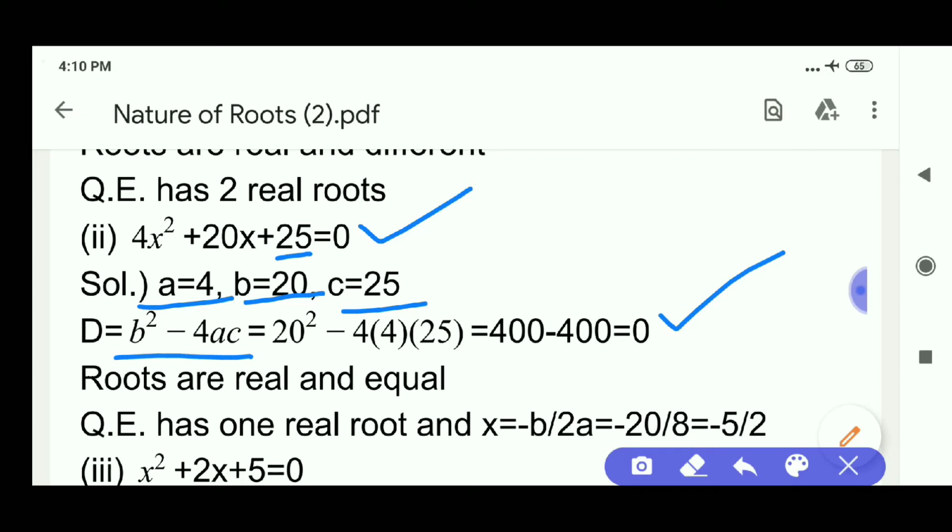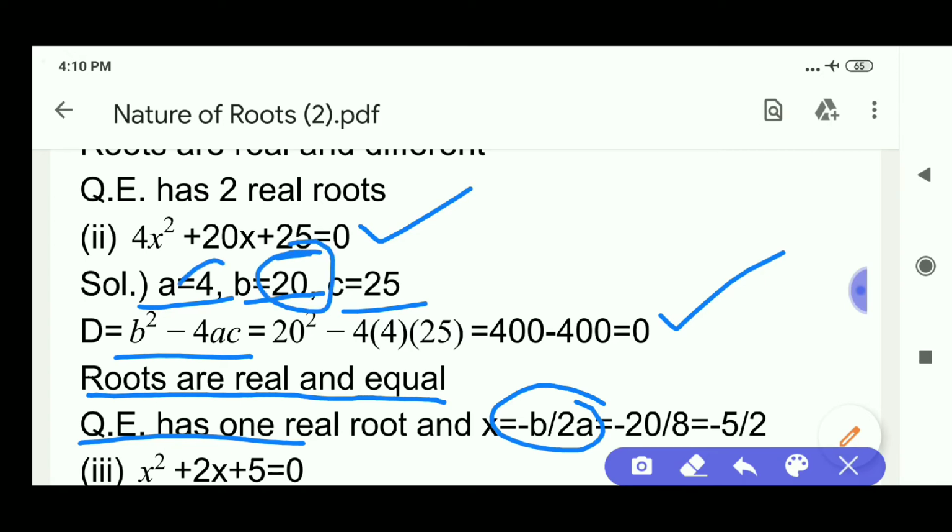When D is 0, you know roots are real and equal. So the quadratic equation has only one real root. That real root is minus b by 2a. That means minus b is minus 20, by 2a. a is 4, so 2a is 8. Minus 20 by 8 equals minus 5 by 2.